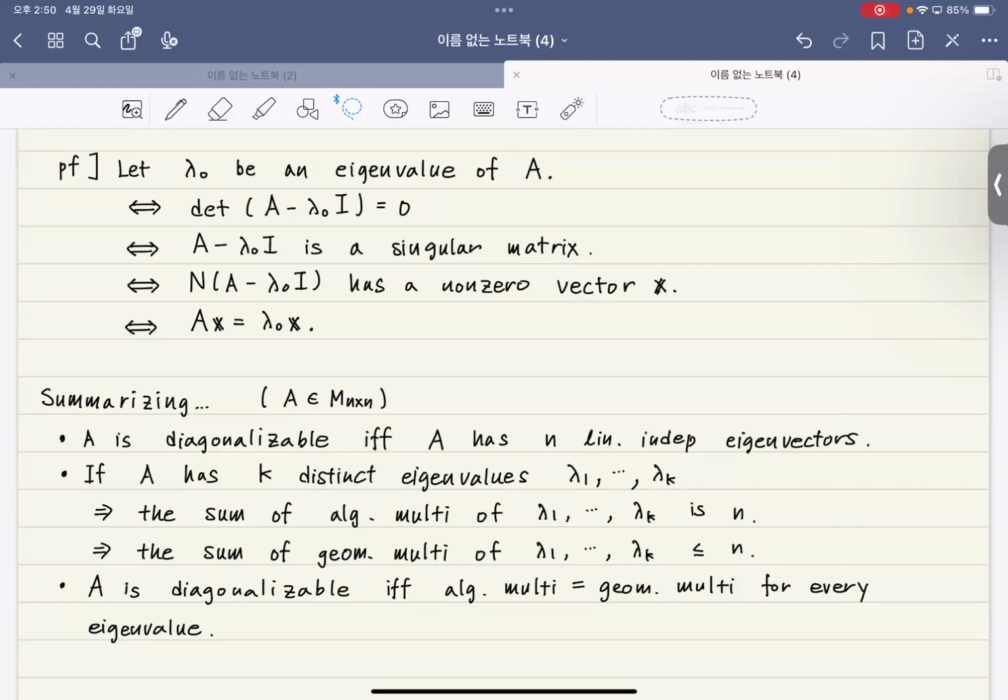Why? Because the characteristic polynomial of matrix A has degree n, and the terms lambda minus lambda i are just linear factors of the characteristic polynomial. Therefore, the sum of all these algebraic multiplicities must always be n. But on the other hand, the sum of the geometric multiplicities of these eigenvalues can be less than n.